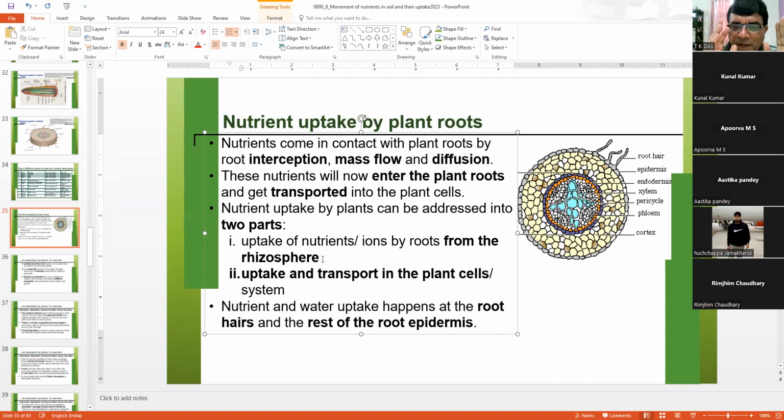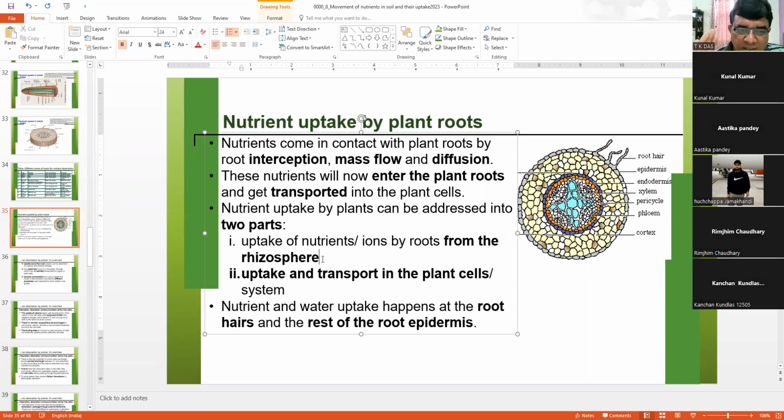Uptake of nutrient ions by roots from the rhizosphere. Second is uptake and transport. The transport will be horizontal transport, basically up to the xylem in the plant cells. Nutrient and water uptake happens at the root hairs and the rest of the root epidermis. The whole root absorbs the nutrient as well as water. It is not just the root hair.